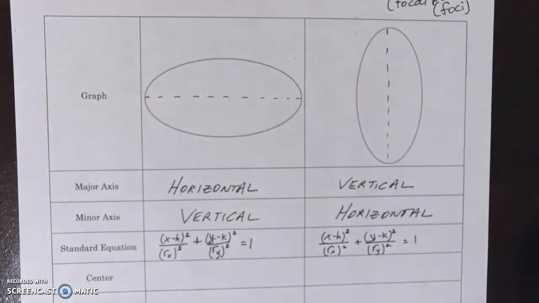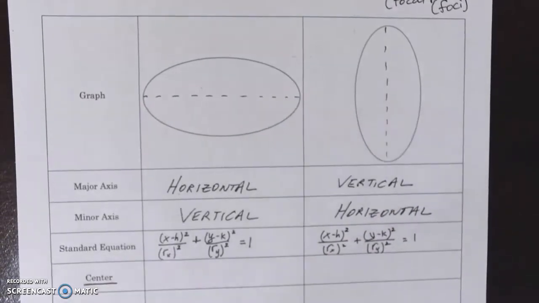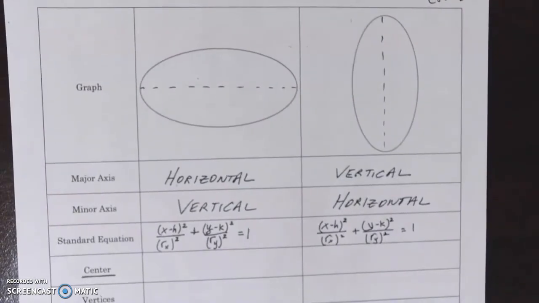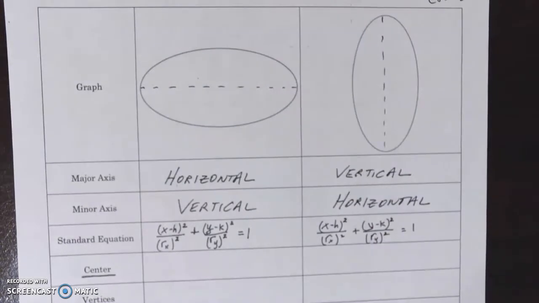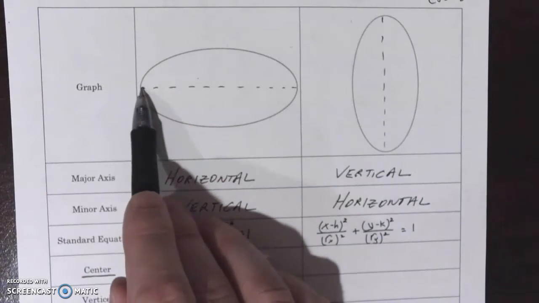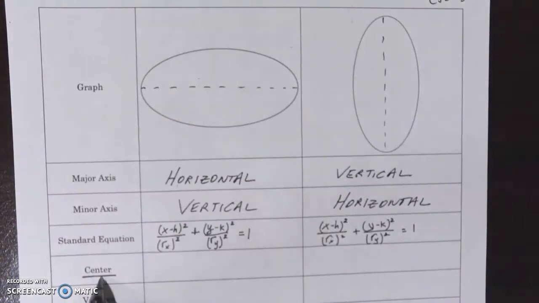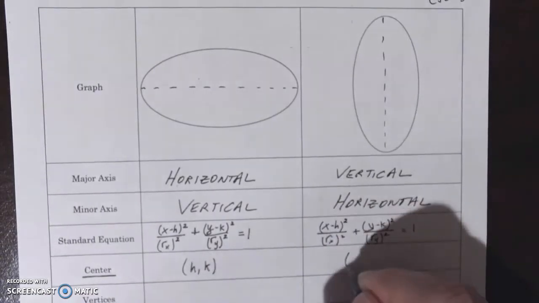Okay? Now, very simply, and we're going to use some different colors to denote different things here. All right, so in black, we're going to plot the center. All right, the center of an ellipse is literally what you would think. It's along the major axis. It actually happens to be along the minor axis too. Okay, it is in the center of the ellipse. Okay, halfway between what we're going to call the vertices. Okay, and the center, just like the center of a circle, in its general equation, is very simply h comma k.